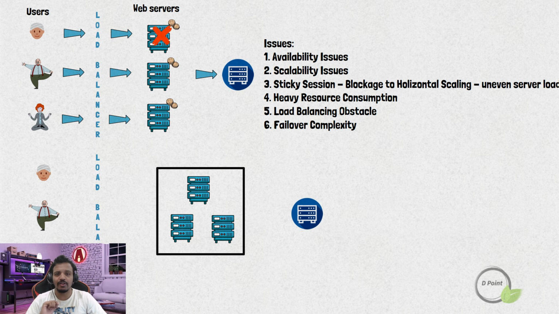Now let's try to understand the flow. User 1 sent a request to the load balancer. The load balancer sent it to one of the servers which is a bit more free compared to others. Now when the web server is processing the request, it is going to store session, cache, everything in a separate storage, a common storage for all the web servers.